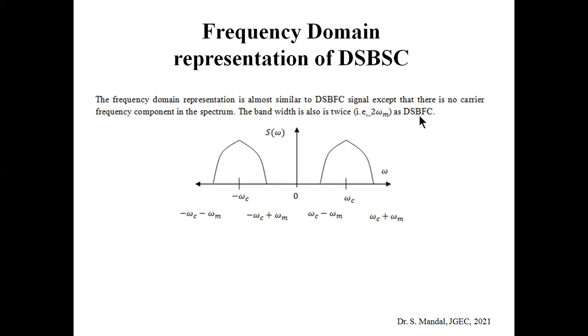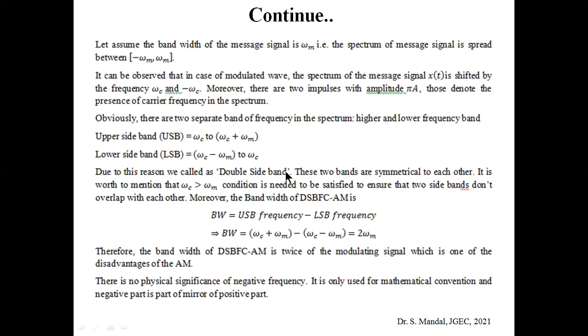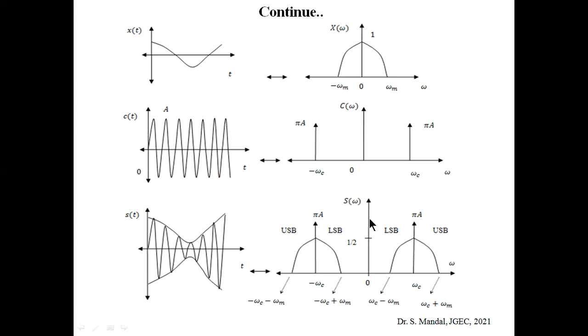Just remember that to observe the frequency domain representation or spectrum of any kind of signal, a spectrum analyzer is used, where the amplitude of the Fourier transform of the signal is plotted against omega, and it will simply look like this. The spectrum of the DSBFC will look like this in the spectrum analyzer, and from that we can easily calculate the bandwidth.